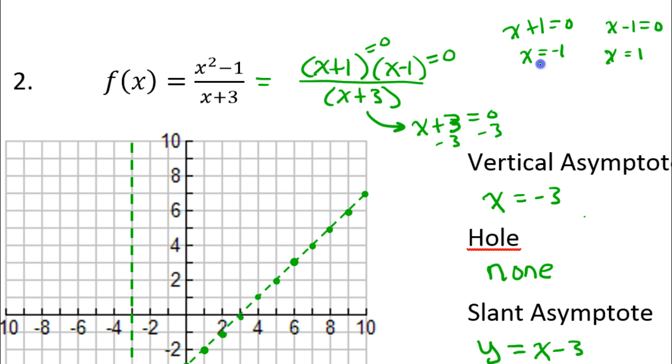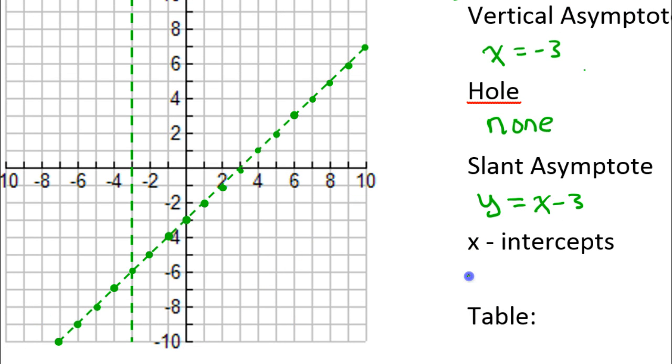So these are going to be my x-intercepts at -1 and 1. When I say -1 and 1, I mean -1 comma something and 1 comma something. Since they're x-intercepts, they're on the x-axis, so the y value will be 0. So -1 comma 0 and 1 comma 0.